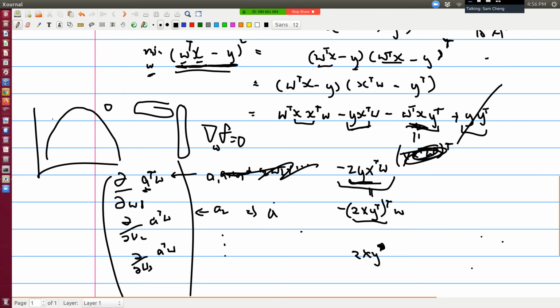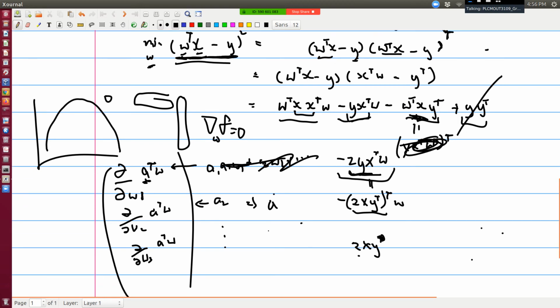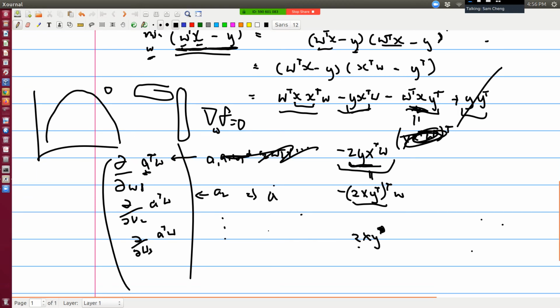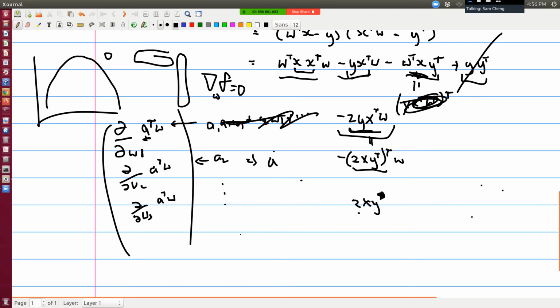Okay, so that is this term, and then how about this other term? Think of x transpose as just a matrix A, some matrix A. I have this second order form, W transpose A W, which when you multiply it out is a scalar.